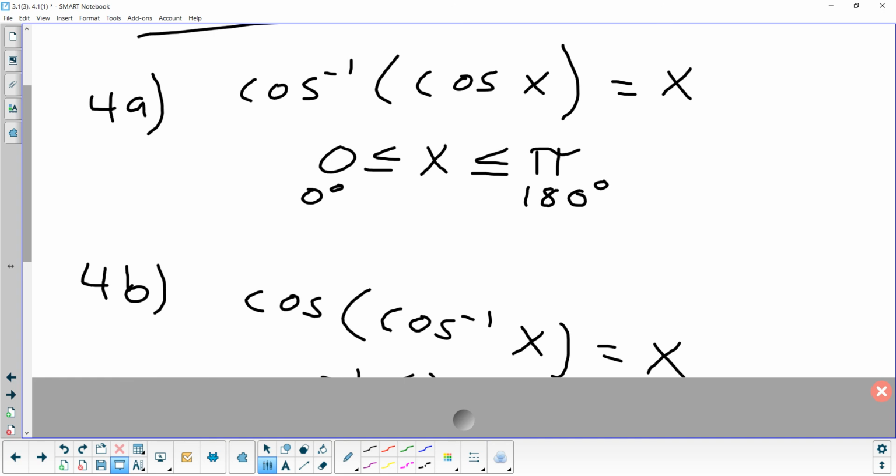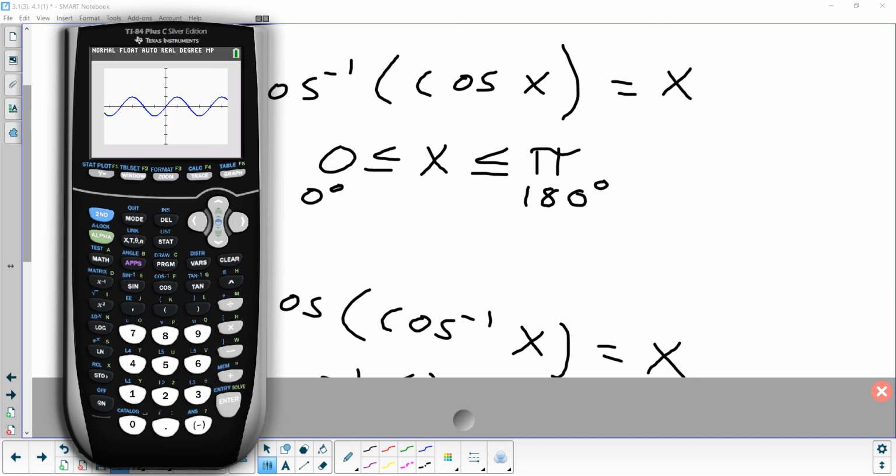Again, when we switch it, so the inverse is on the inside, those two things will cancel out, but we do have a restriction. Let's look at the graph of cosine. Remember, when we figured this out last time, it had to do with how high and low the graph of sine went. Well, look at the graph of cosine. How high and low does it look like the graph of cosine goes?